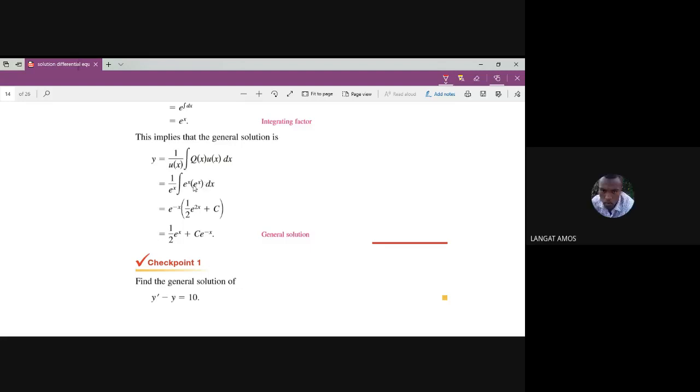Now integrate e raised to 2x dx. Remember, when integrating e raised to a constant times x, you bring the constant down, and the e raised to the constant x remains. So you bring 2 down, and it becomes e raised to 2x all over 2, which is the same as half e raised to 2x.